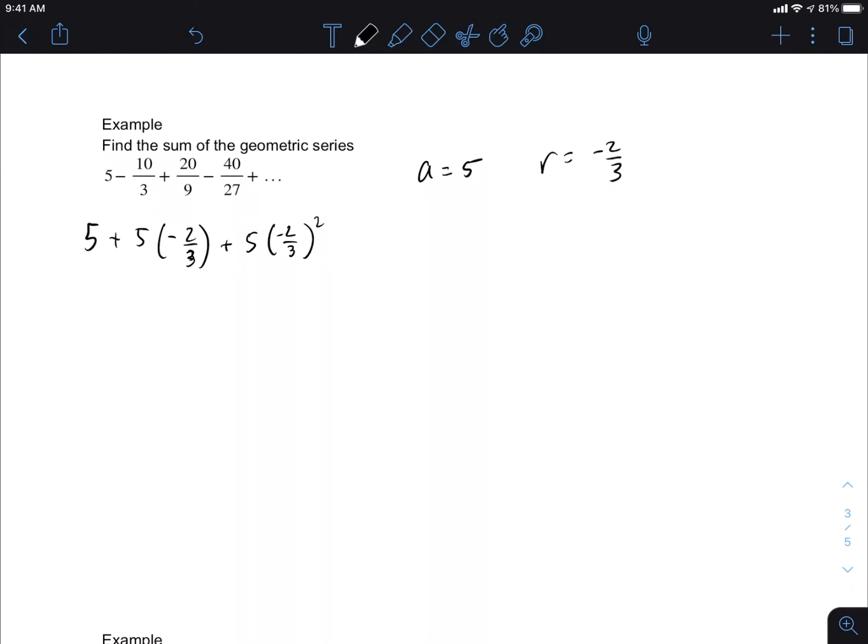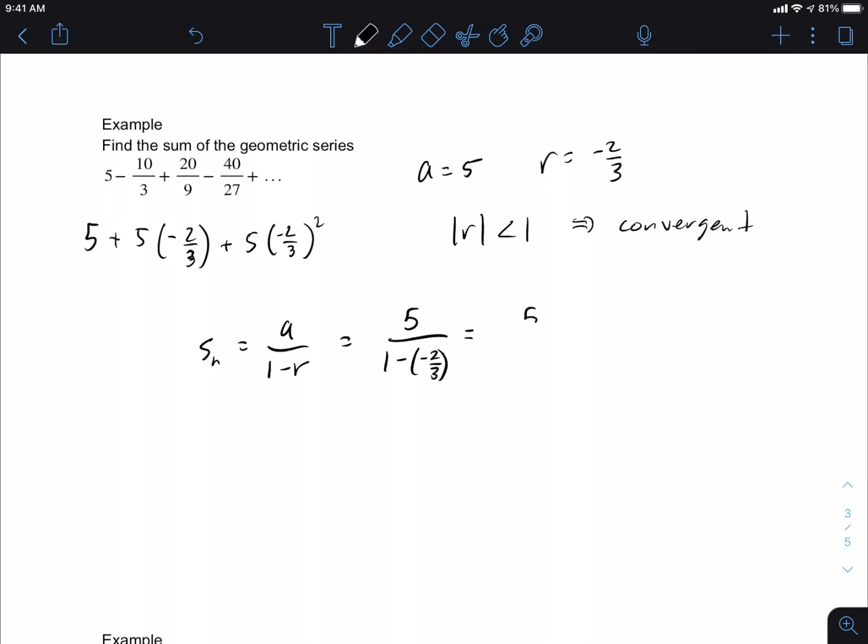Something that's so cool about that: since the absolute value of r is less than 1, from the geometric series, we know that this is going to be convergent. So isn't that cool? Since it's convergent, then I can find out what the sum of the series is. The sum of the series is going to be a over 1 minus r, which will be 5 over 1 minus a negative 2/3.